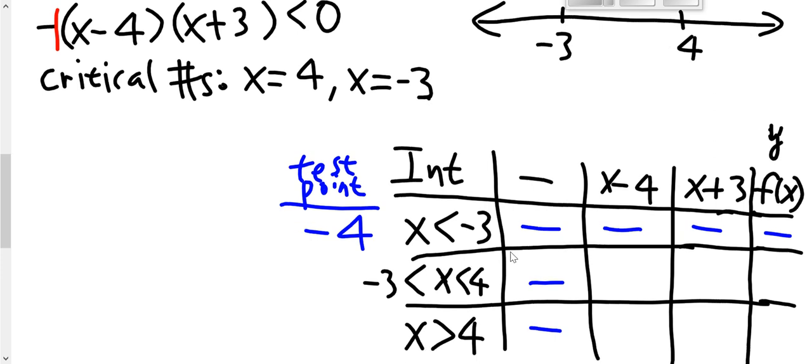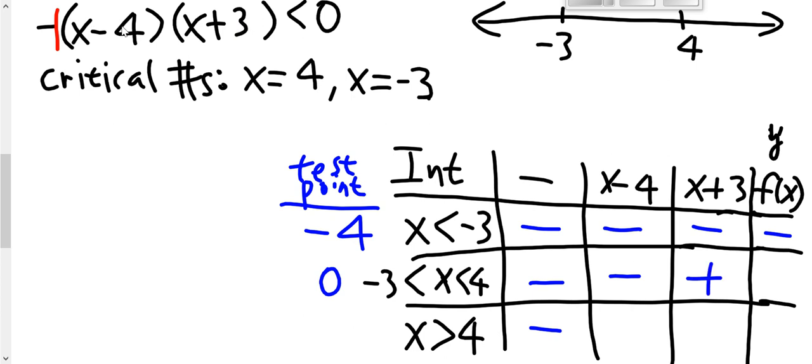Okay, let's keep going. Now pick a number somewhere between 4 and -3. You probably know what I'm going to pick. Let's pick 0. 0 minus 4 gives you -4. That gives you negative. 0 plus 3 gives you 3. That's positive.